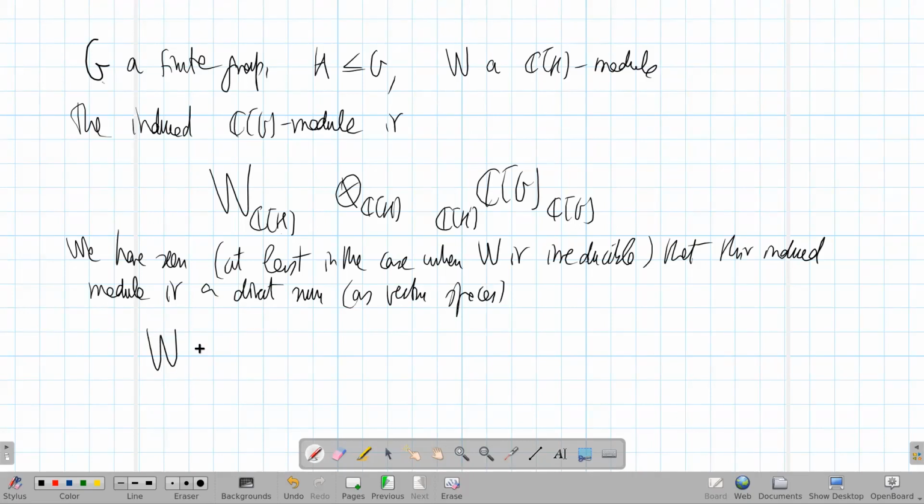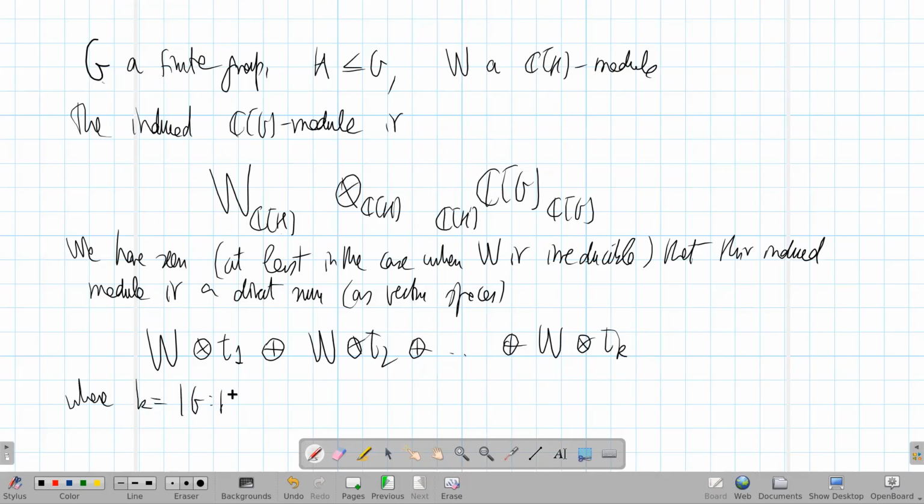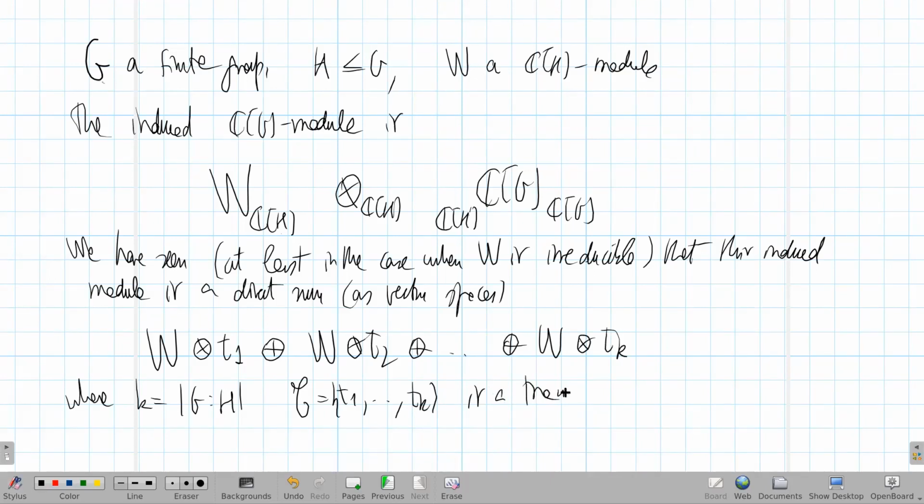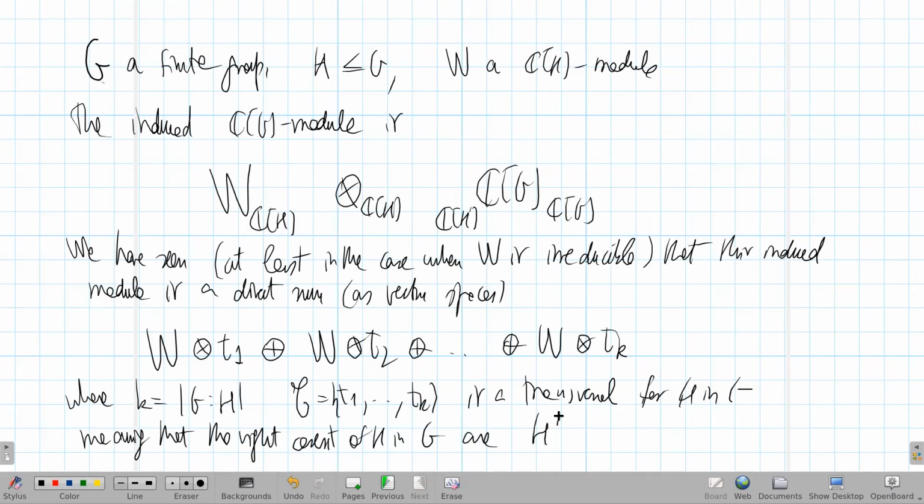of the modules W T1, direct sum W T2, direct sum, until W Tk, where k is the index of H in G, and T1, ..., Tk is a so-called transversal for H in G. Meaning that the right cosets of H in G are exactly, they are k by definition, HT1, HT2, ..., HTk.